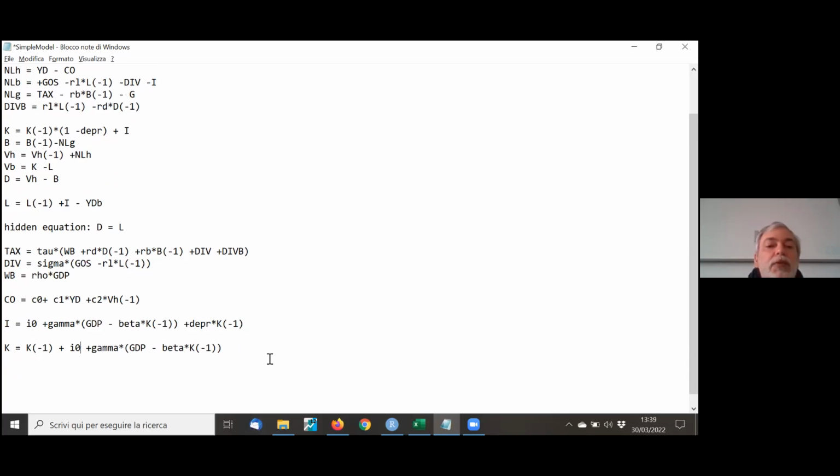I0, which will give us some trouble. But this is basically k minus 1 times 1 less gamma times beta.